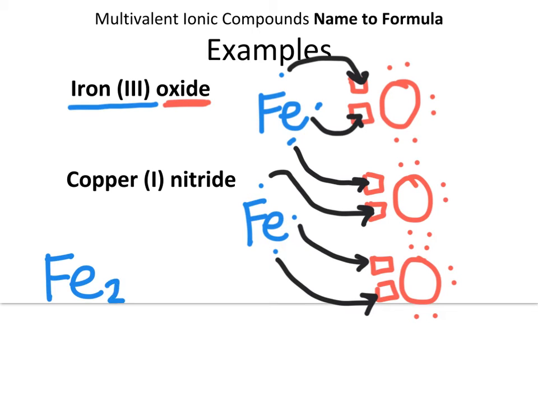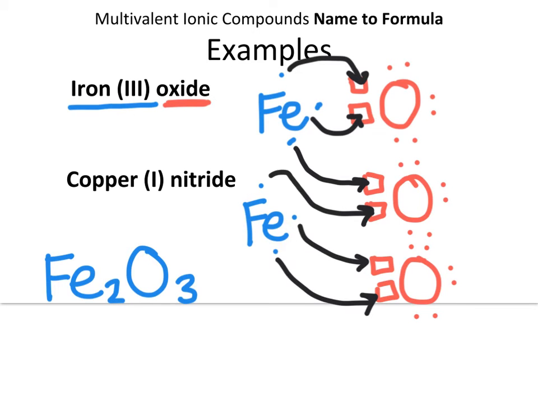So we have Fe2. And we have oxygen, and we needed 1, 2, 3 oxygens, so it's O3. So the correct formula of iron 3 oxide is Fe2O3.